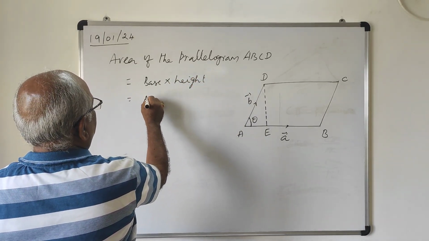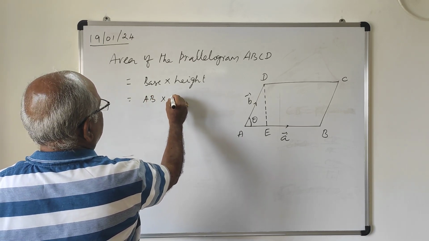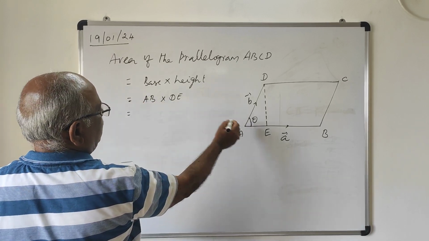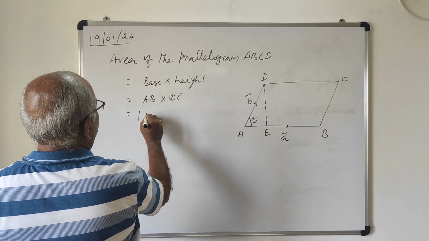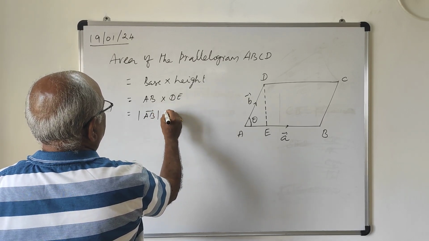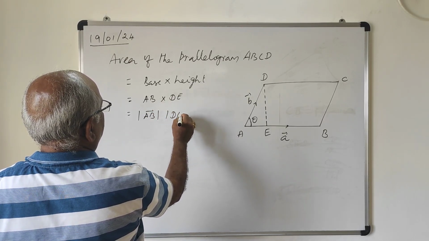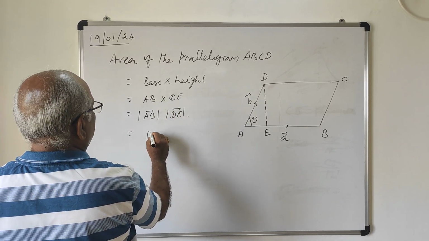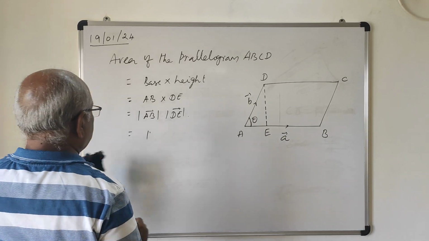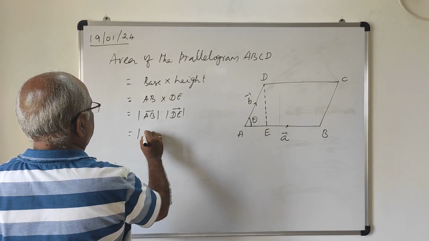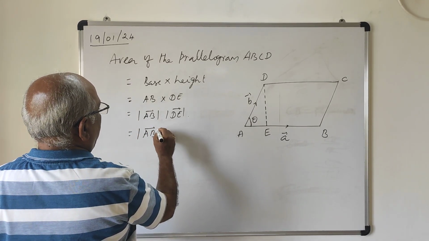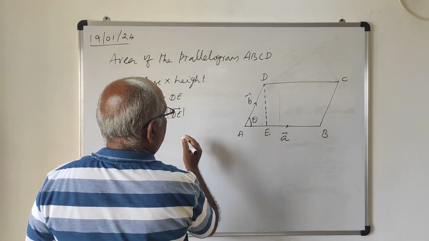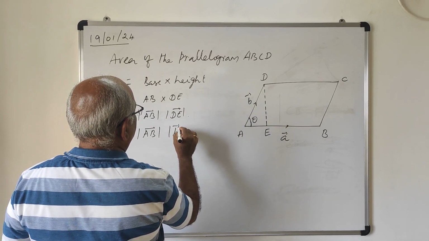Base is AB, height is DE. Mod of AB is mod of A vector, and mod of DE is mod B sin theta.